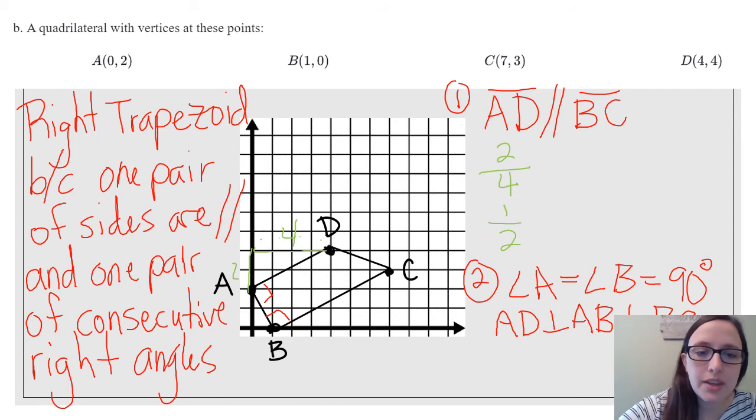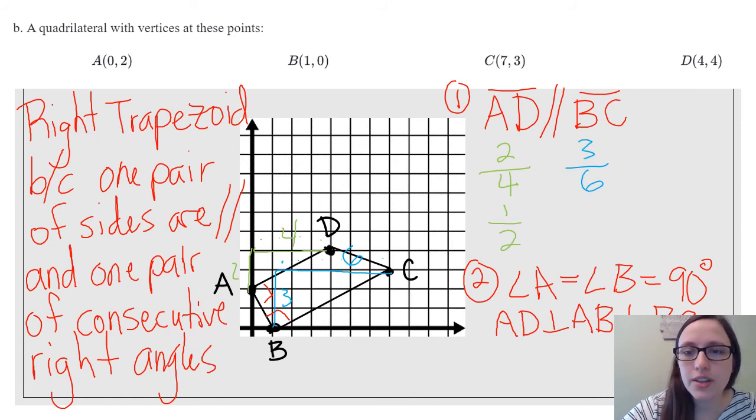And then for BC, this slope is up 3 and over 1, 2, 3, 4, 5, 6. So that's up 3 and over 6, which also reduces to 1/2. So proving that those slopes are equal, that proves that the lines are parallel. Slopes are equal.